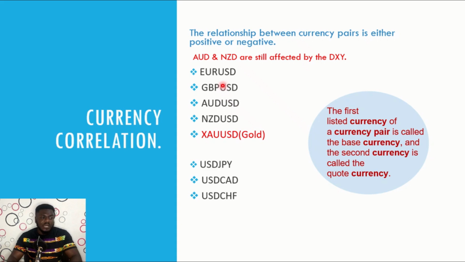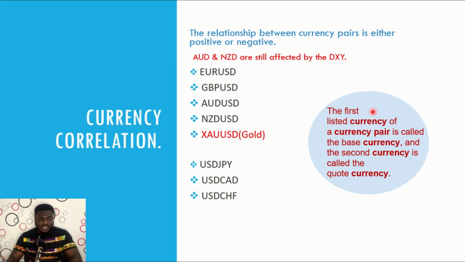When we are talking about currency correlation, I made mention that correlation is either positive or negative. So if we come across pairs that have USD as the quote currency, they are negatively correlated with the dollar index. And if we come across pairs that have USD as the base currency, they are positively correlated with the US dollar index.